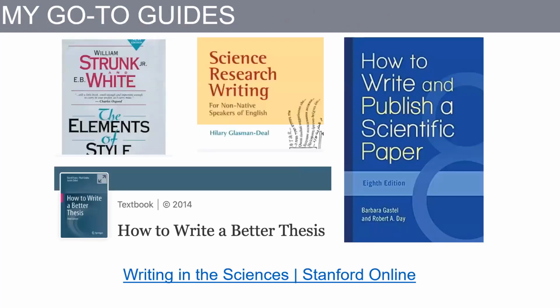Right. Further moving in, these are the references that I have kept, from my supervisors and the people who have helped me to get into this career. They have suggested several books all along my way. The Elements of Style is the first book reference that I got as an undergraduate. But as I moved on in my work, I started reading about science research writing and how to write and publish.